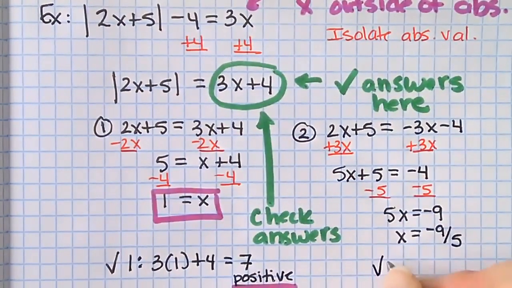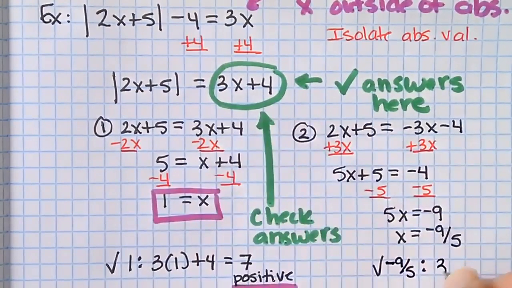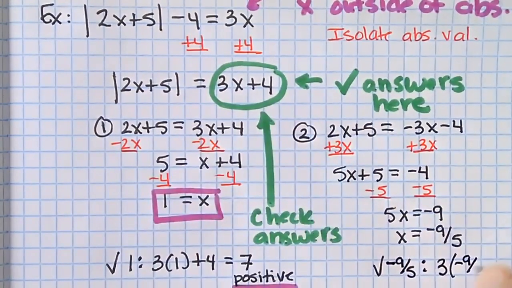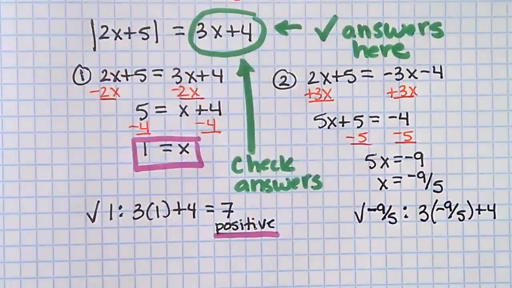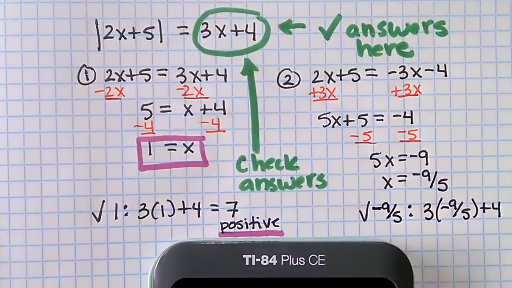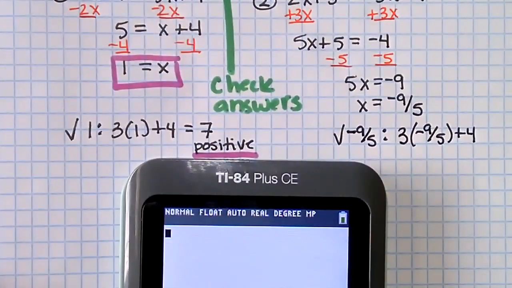We have to check. So I'm going to check, and I'm putting a negative 9/5 into this. So I'm going to go 3 times negative 9/5 plus 4. I'm going to be putting this in my calculator. Those of us who got a Chromebook from school should have on your toolbar a TI-84 calculator at the bottom. So you might want to check that out.